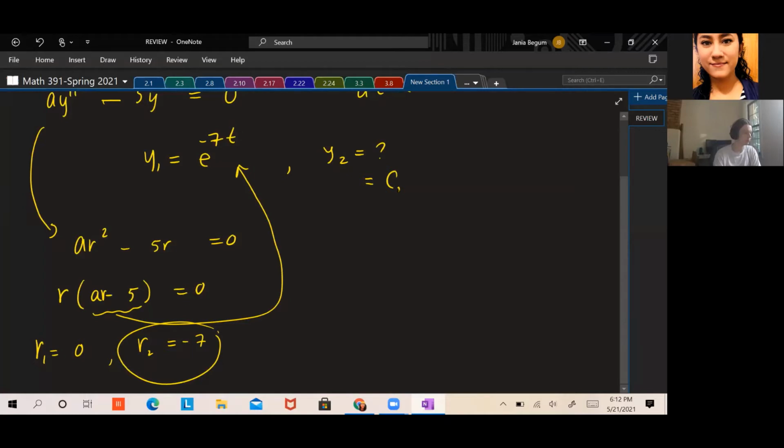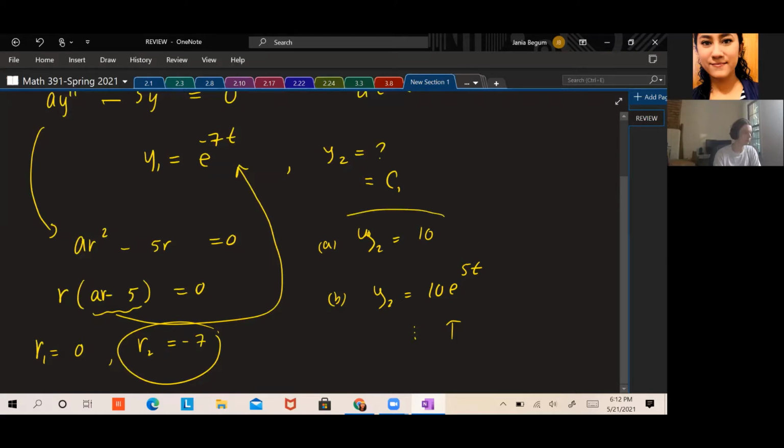So then on the choices, you might see y2 is equal to any constant, like 10. And then another choice you could have, something weird, like 10e to the 5t, and so on. This cannot be a solution because one of them is exponential, so the second one has to be a constant solution because r1 is 0.